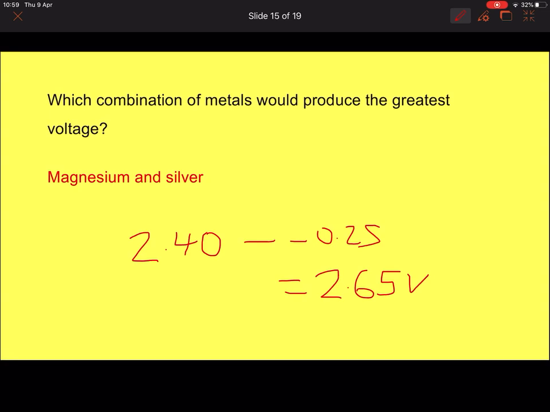I know you'll be disappointed you're not getting the chance to do that at school, but this works well in fruit, two different metals in a piece of fruit. It has to be a piece of fruit that contains lots of electrolyte, lots of ions in a solution. Lemons are very good, if you can get lemons. And you might want to try this experiment.